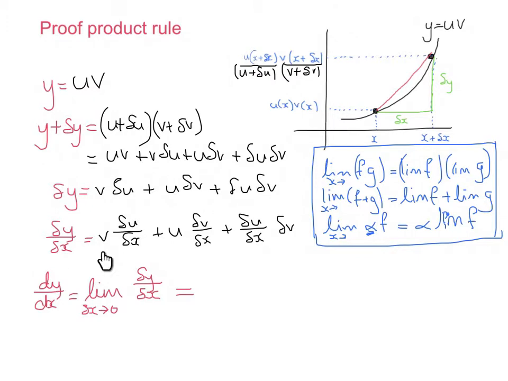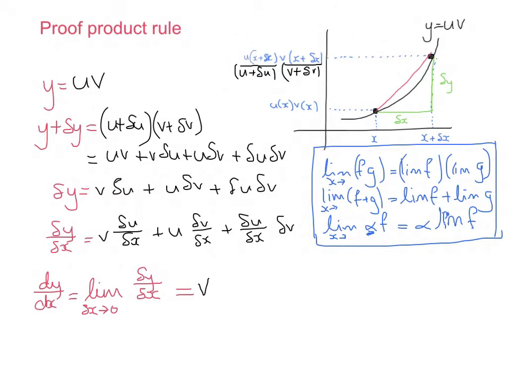And then here I've got something nothing to do with delta x times something to do with delta x, and also here something nothing to do with delta x times something to do with delta x. Here I'm not sure whether that's got something to do with delta x or not. I mean, this hasn't definitely and this hasn't definitely, because what they are is these two functions evaluated at that x value. So they're definitely nothing to do with this delta x. So what does that give me?